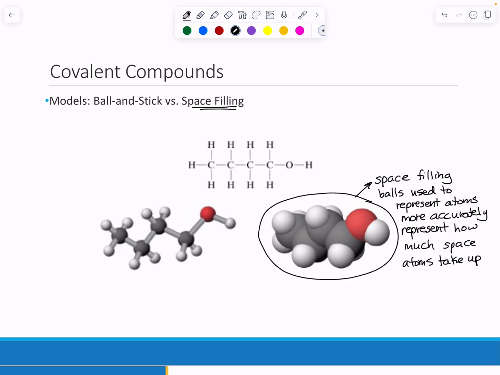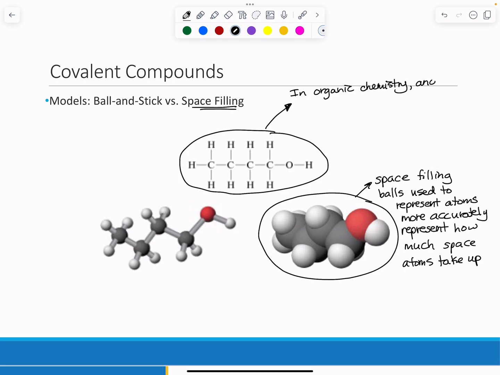So there's one other way that we represent formulas like this, structural formulas, and this is used in organic chemistry. In organic chemistry, we use another shorthand that doesn't show the element symbols. Again, this is because in organic chemistry, we tend to use only a few elements.